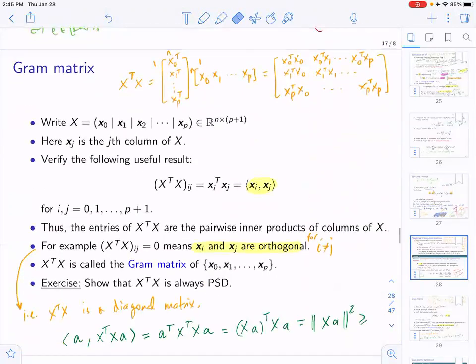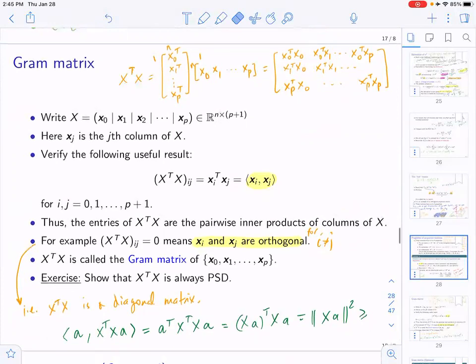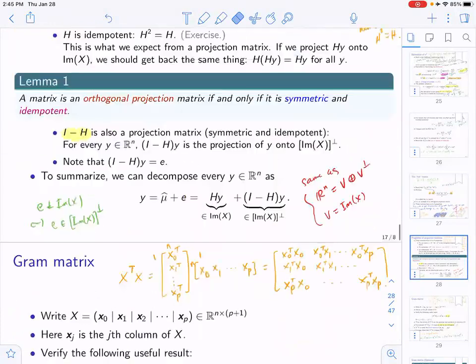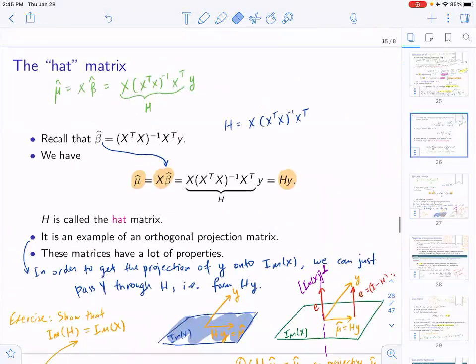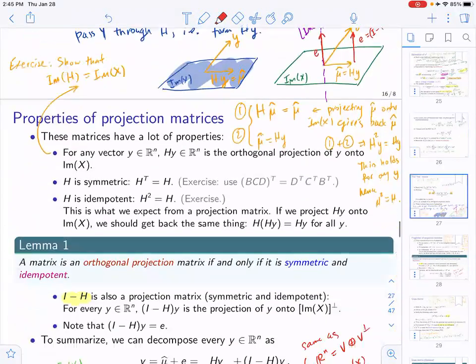There is a piece about gram matrices which is useful to know. This is like a side note. This matrix that appears in the middle, X transpose X, also has a name, and this is called the gram matrix.